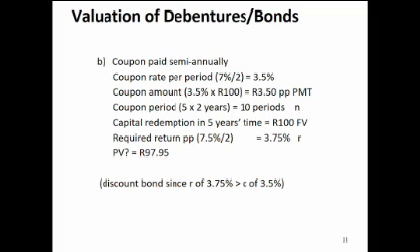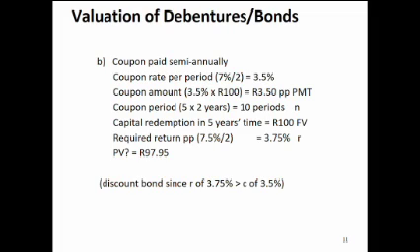And they told us in the scenario for B that the yield to maturity on similar bonds is going to be 7.5% per annum. So if the yield to maturity is 7.5% per annum, we need to know what is the yield to maturity per period.